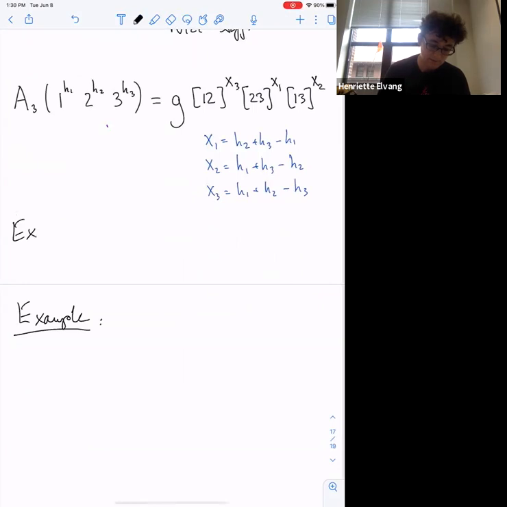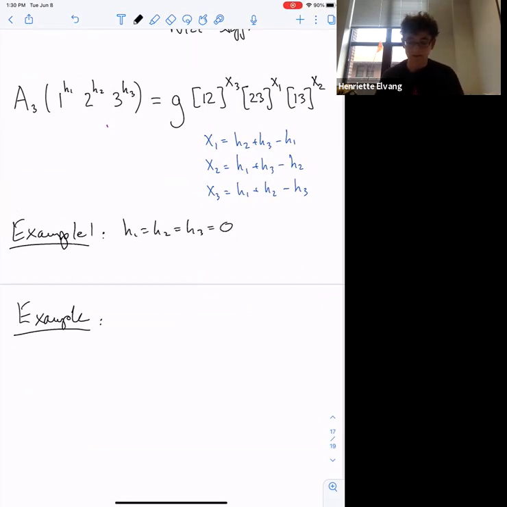So let me make this example 1. If I have all scalars, h1, h2, h3 equal to 0, I get no momentum dependence, but my a3 will simply just be a constant. And that was exactly what we knew already, that there's only one choice when you have scalars. So just to make context with what we did last time.